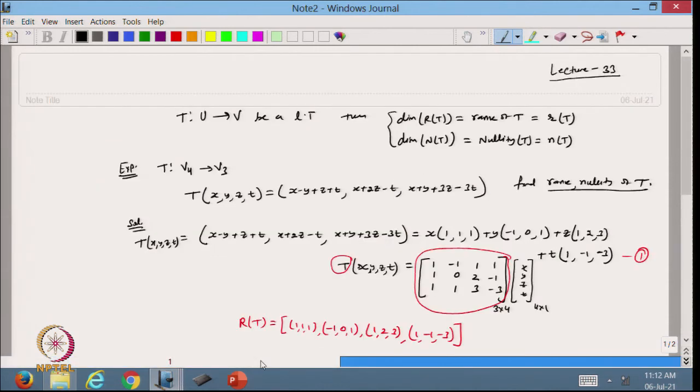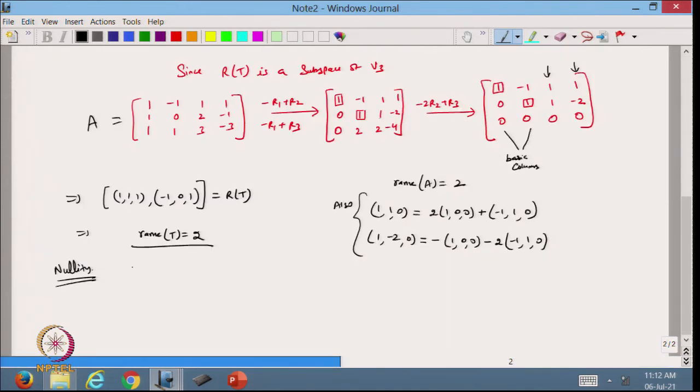So for nullity, this is my image, so I will put this image equal to 0. So now I need to put the image, so that image is x minus y plus z plus t, that is equal to 0.